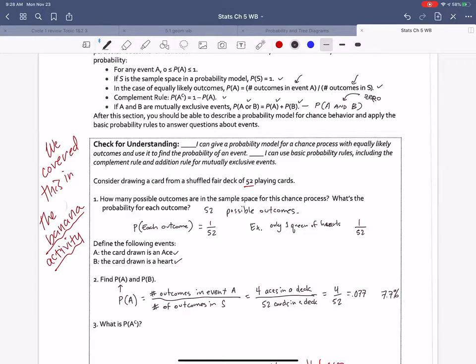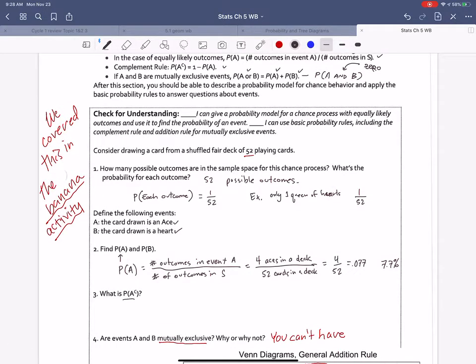I'm going to go ahead and do the complement, and then we'll go back and do the probability of B. The probability of not A would just be all the times I'm not going to get A. So that is 1 minus the probability of A, but we can also just use logic. There's 52 cards in a deck, and 4 of them are aces. So that would mean that 48 of them are not aces.